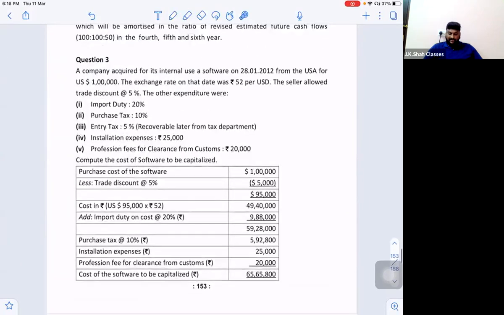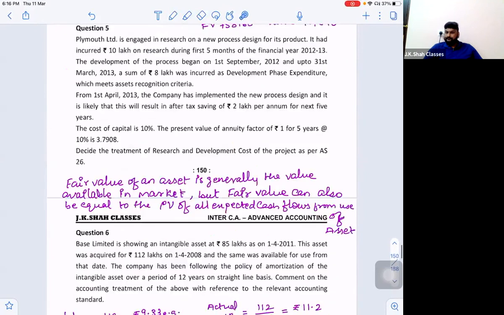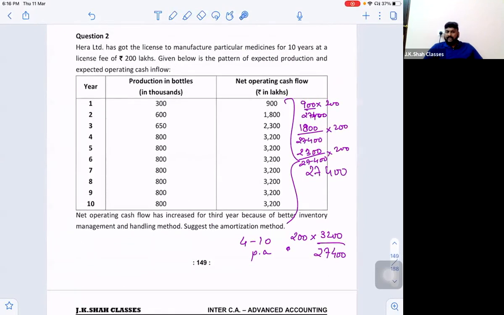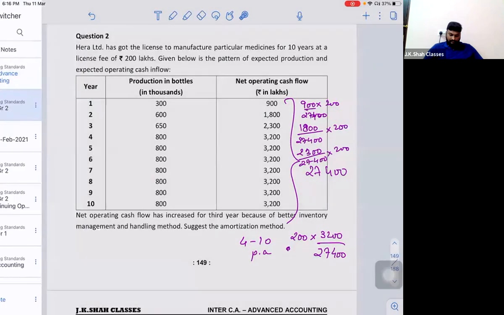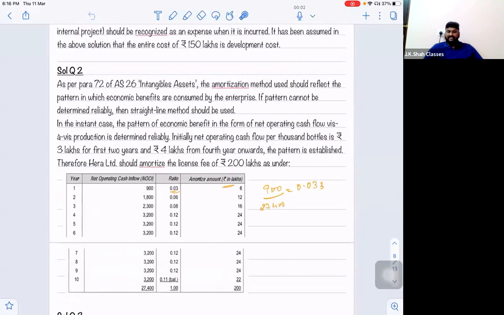I also solved the question roughly yesterday only, and I told you to put it in fair. It is on the basis of the pattern of economic benefit that you have to charge the amortizations. That's it. Even the solution is printed in the material. See, this is how you have to present.